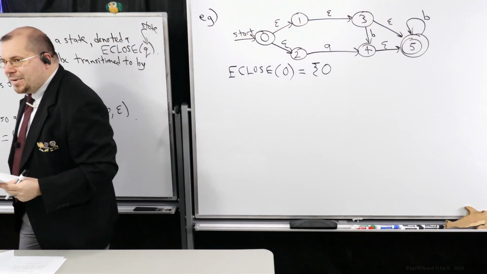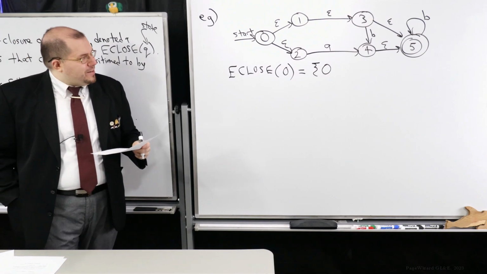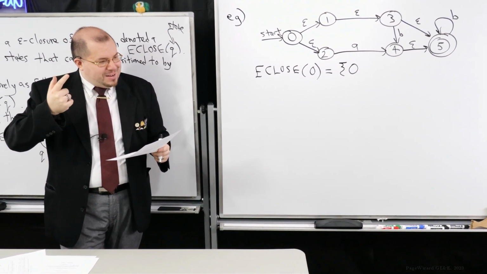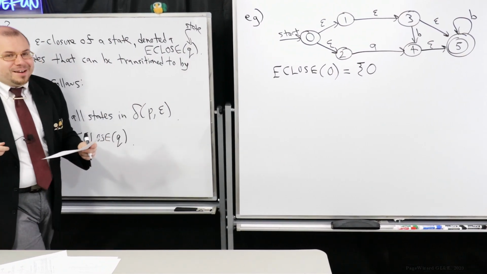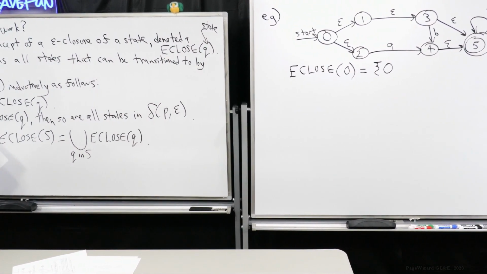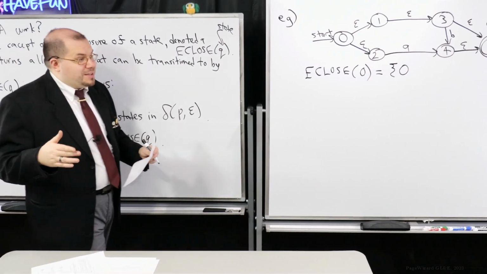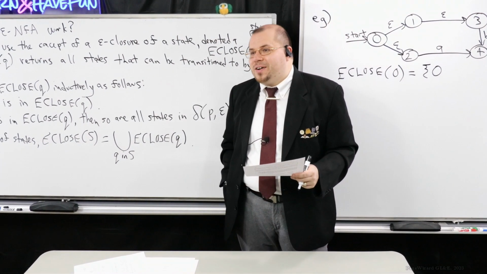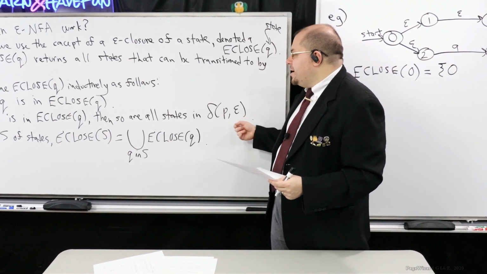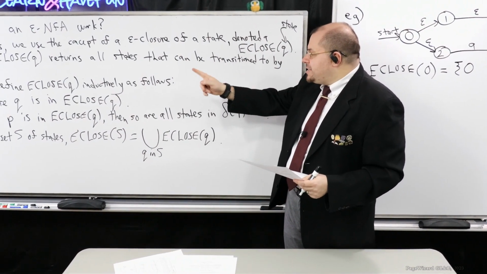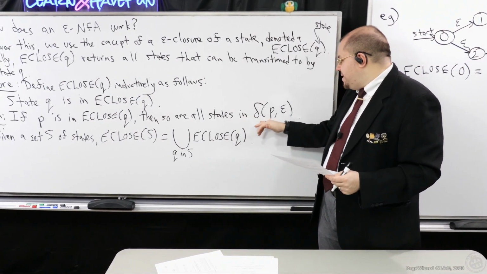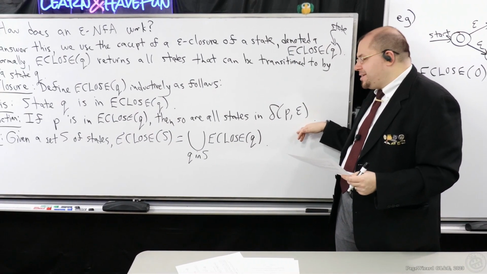Now, this is where it gets a little tricky at first, because this definition is inductive. In other words, you can think of it as recursive, like a process that keeps occurring until this definition is satisfied. So if there's a state that's in eClose of Q, then so are all states in this, right? That's what it says.